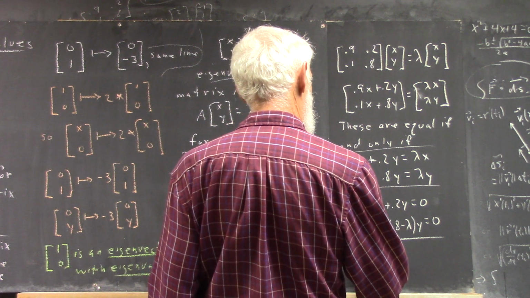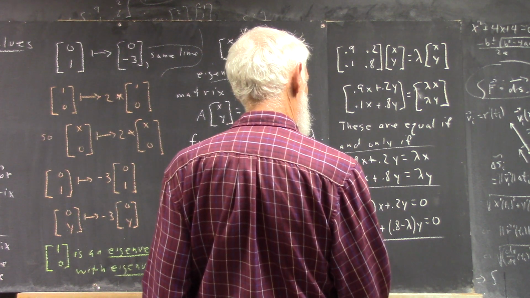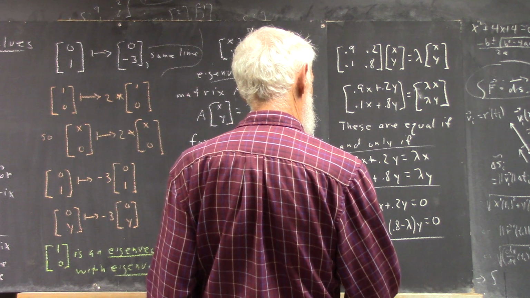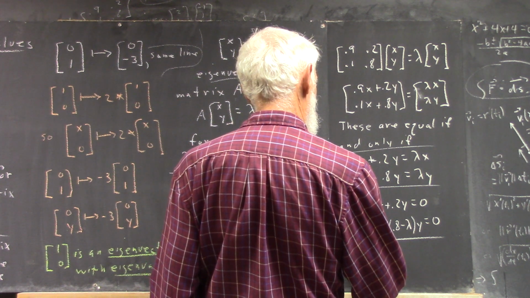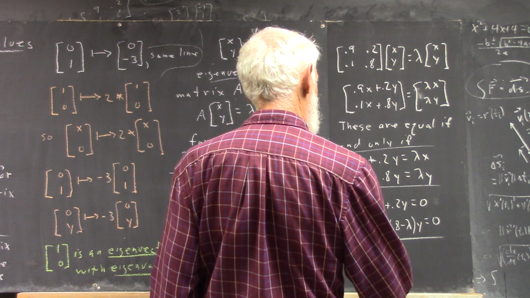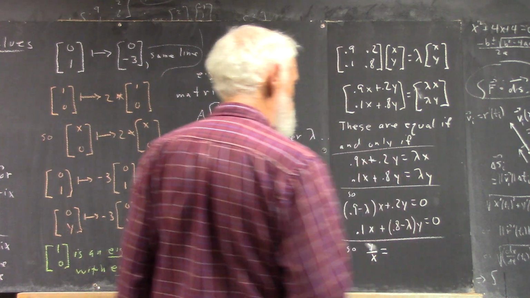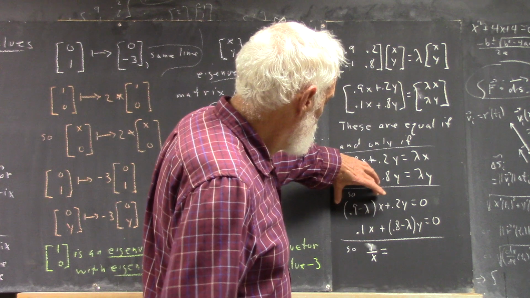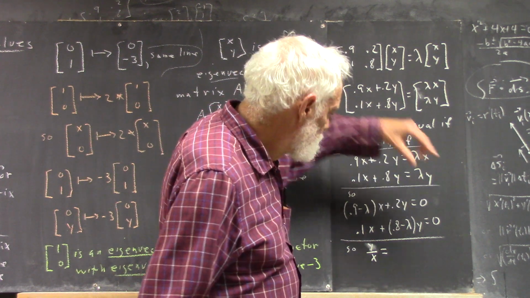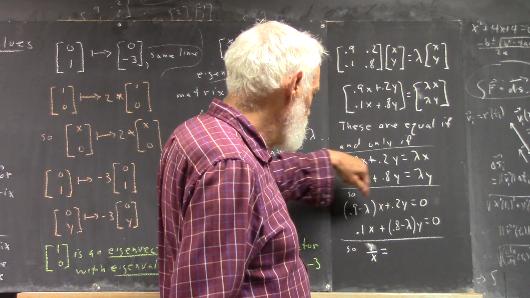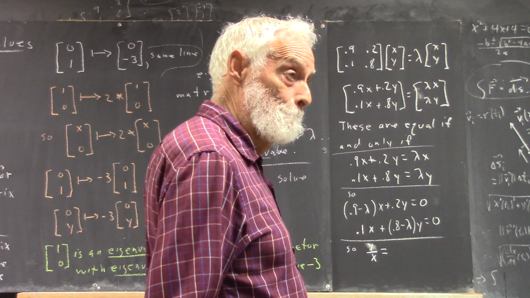So, y over x has to equal what? Well, move this over to this side, we get 0.2y equals a negative of this, right?